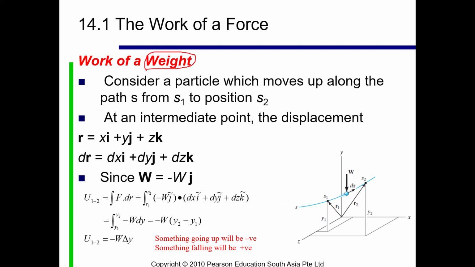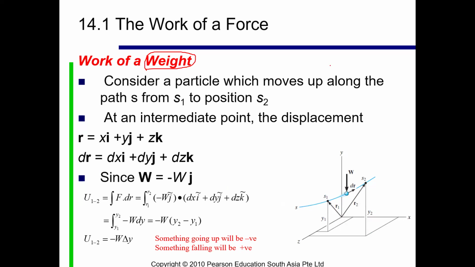Because in most of the problems, you know that mass is provided to you. If mass is provided to you, you need to take into account the weight. And in most of the problem solving, you will see that weight will be performing some sort of work done. So we need to look into how we can calculate the work done performed by the weight of the particle.